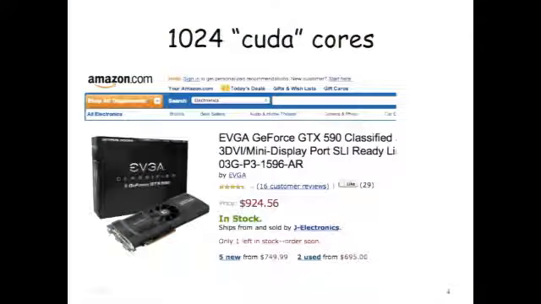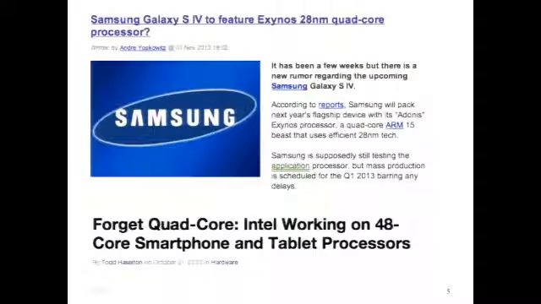You can buy a GPU, all sorts of flavors of GPUs, and these have up to 1,000 cores. In fact, the new ones even have more than 1,000 cores on them. Interestingly, of course, your cell phones.